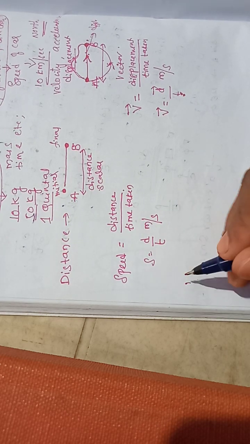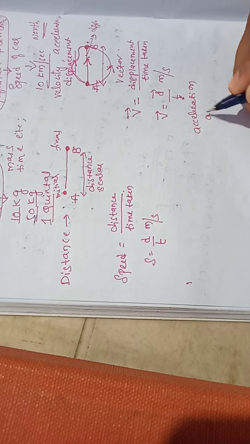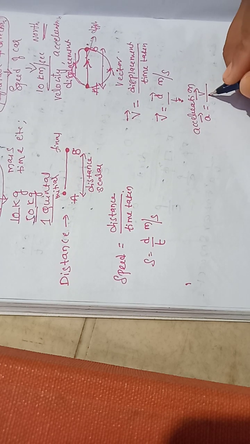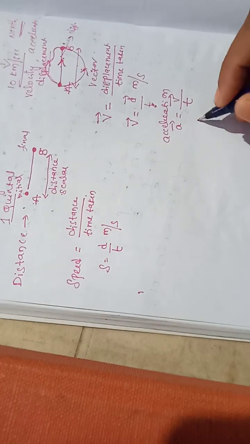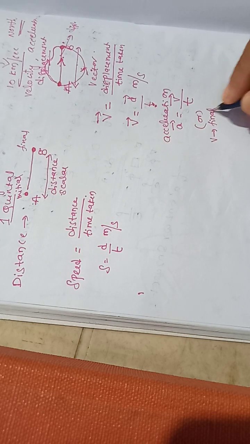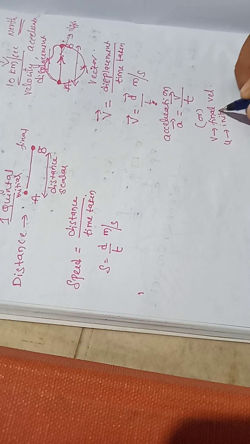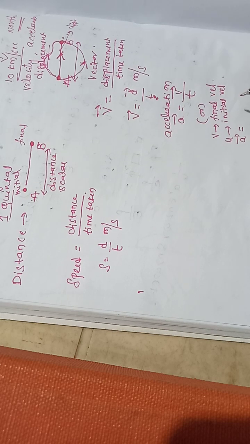Now next, acceleration. It is also a vector quantity. It is defined as the rate of change of velocity, v by t. Right? Or we can also write it as, if v is the final velocity of an object and u is the initial velocity of the object, then acceleration is defined as v minus u by t.